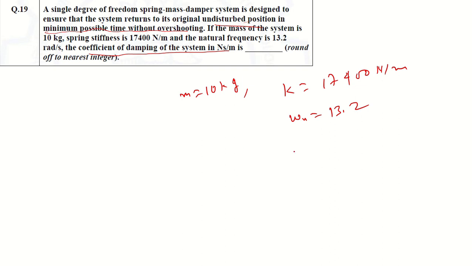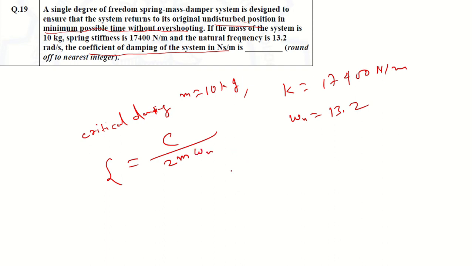It is only possible when it comes to critical damping. So over damping, under damping, and critical damping. So according to critical damping, we have damping ratio that is equal to C divided by 2m omega n.